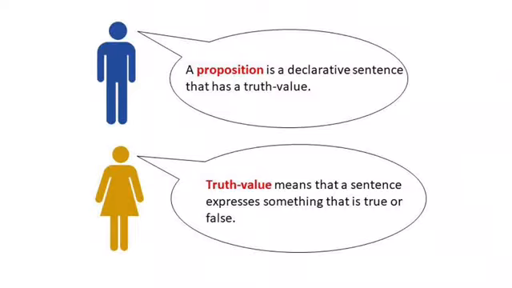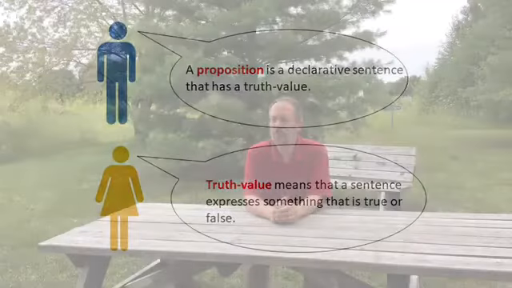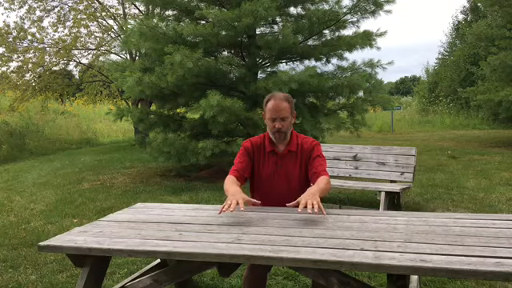And the girl in the gold reminds us that a truth value means that a sentence expresses something that is either true or false. Okay? So for example, certain sentences can either be true or false, pretty obviously. I could say something like, this table is wood.